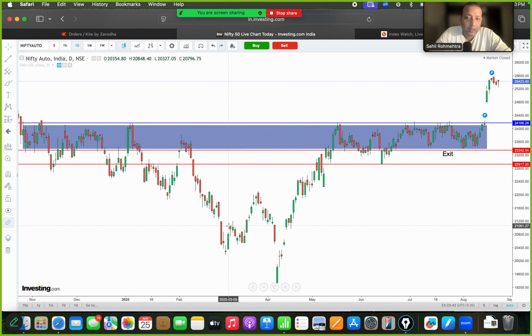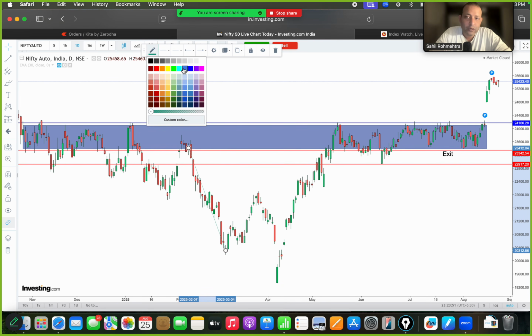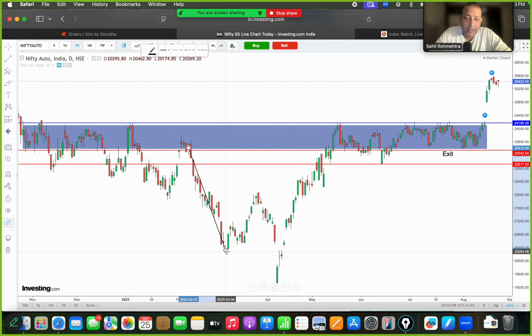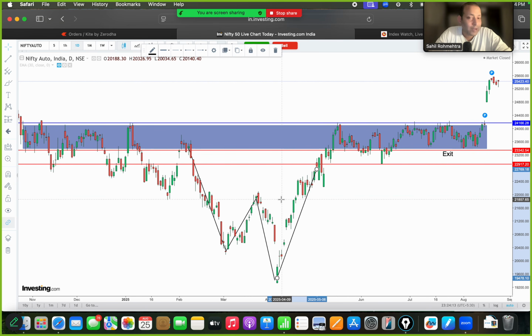And here on the daily, you would note, now if I can take a trend line, this is a very perfect W pattern. I wouldn't call it a very easy to trade W pattern, but definitely a clear W pattern is visible here, which means that if we have a bullish bias coming from the monthly, and if we see bullish patterns on the shorter time frame, that is the daily and the weekly, we should get ready to take trade in that particular direction.